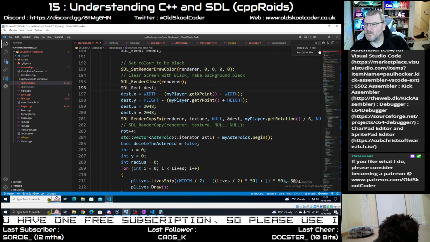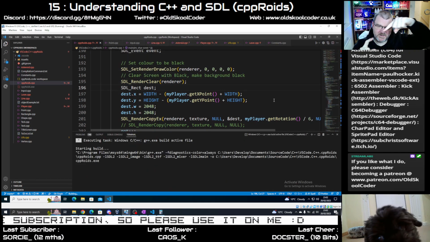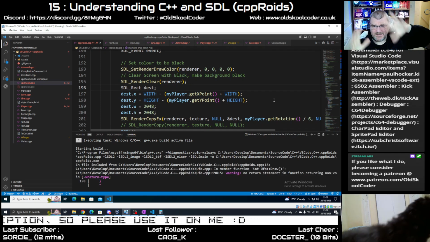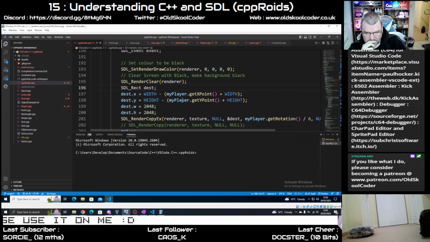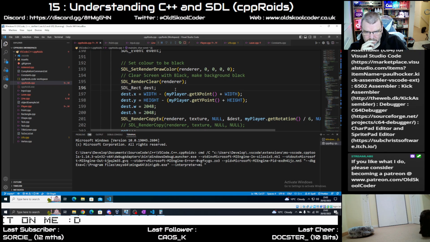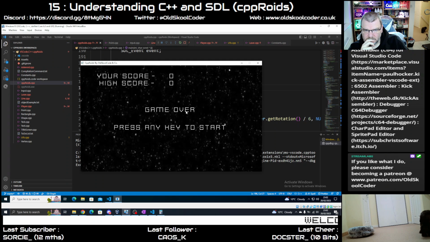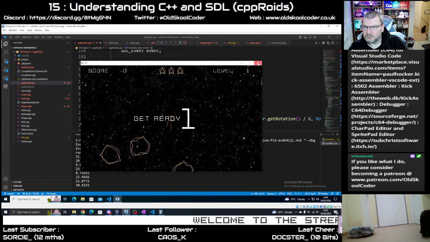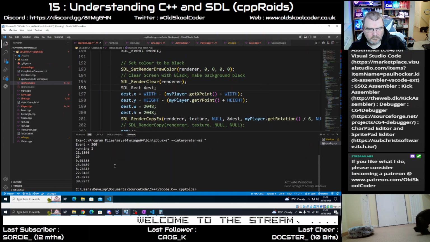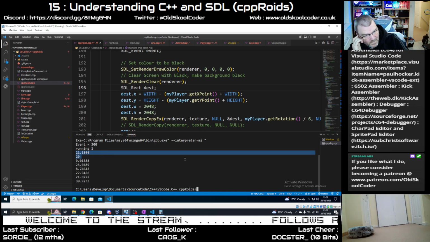Find out what the numbers are. They should be the same. The radius should be the same. Radius 1 and radius 2 should be exactly the same because we've put in the pivot point in the middle. And they're not.